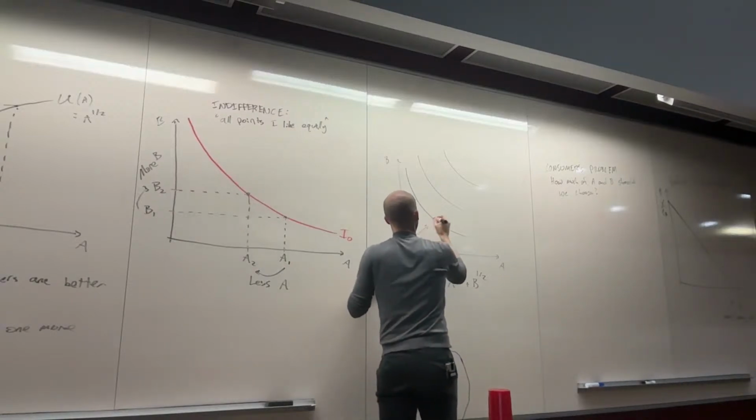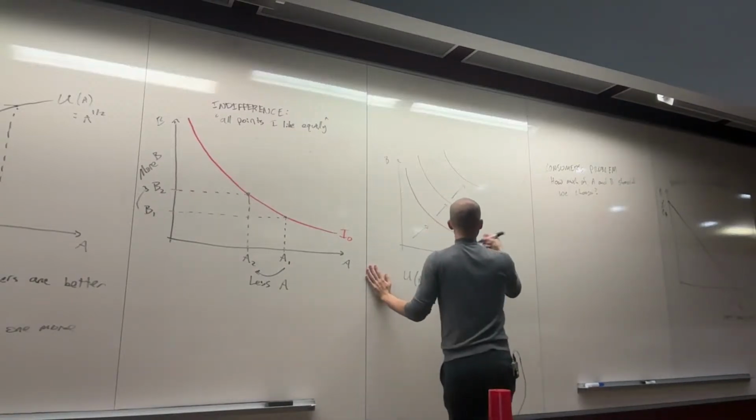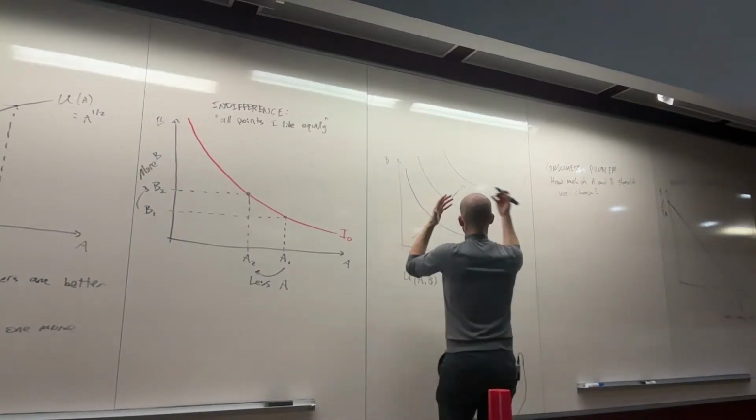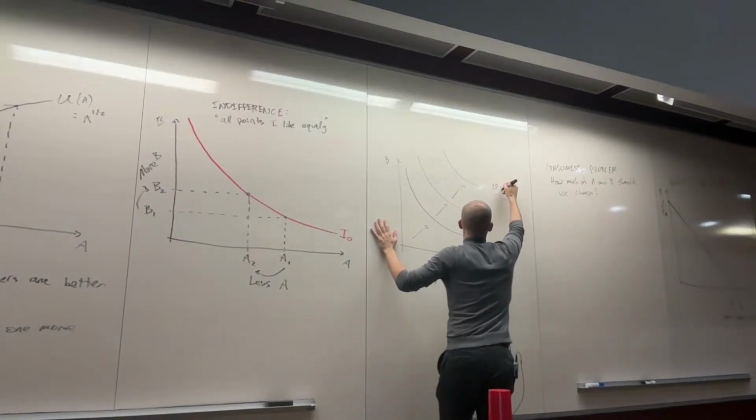So, we can climb the mountain, and these each correspond with different levels of utility, different heights coming off of the whiteboard. So this is utility level 1, utility level 2, utility level 3.